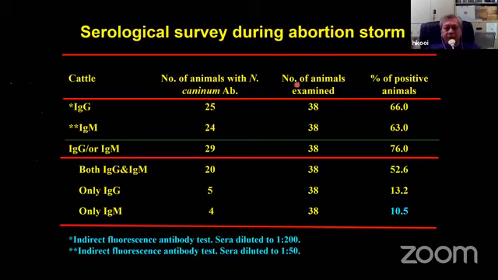And why does this abortion storm occur in this farm? Well, 2 months before this abortion storm, the farmer started to plant his own grass. He bought a plot of land and planted his own grass. From there, he cut his grass and fed it to his cattle. But nearly 2 months before, he also introduced what we call the TMR, total mixed ration.